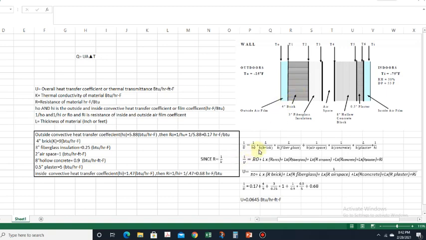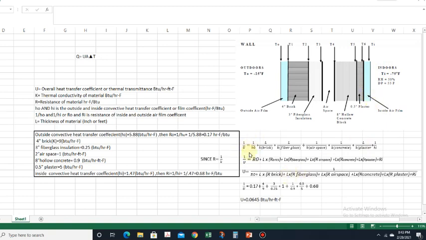So we can see here the overall U coefficient is defined as 1 by, where Ho is the outside convective heat transfer coefficient, and Hi is the inside convective heat transfer coefficient.